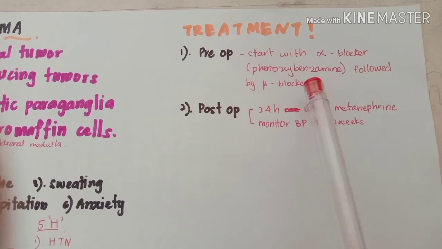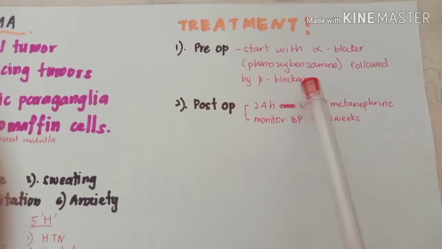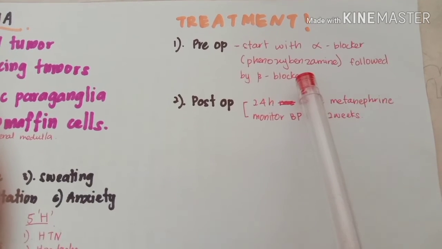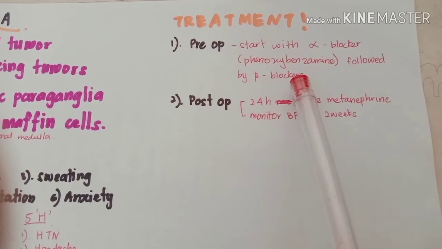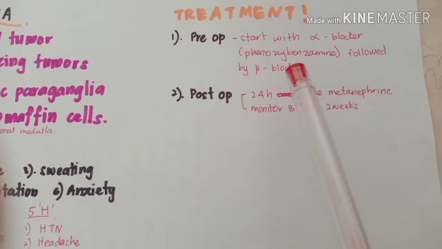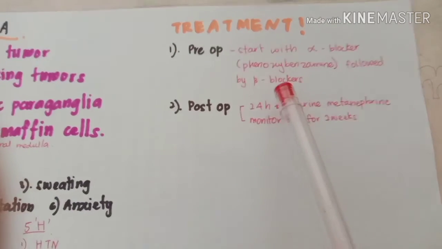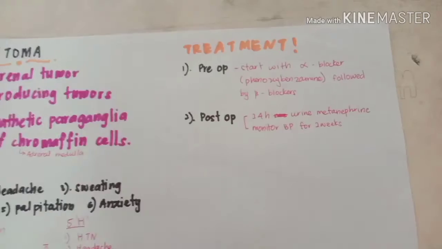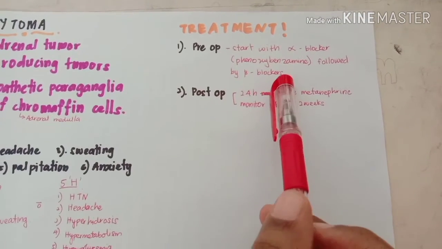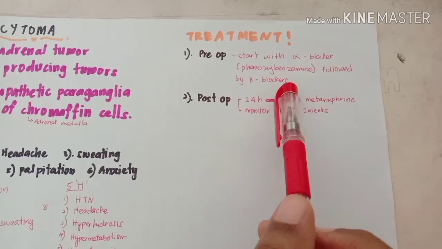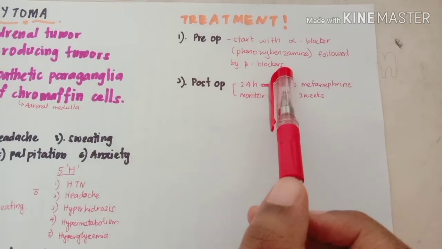I'm not giving specific beta blockers here because some patients have asthma or other side effects, so you have to choose the beta blocker wisely. You have to avoid beta blockers if the patient has heart disease or tachycardia.